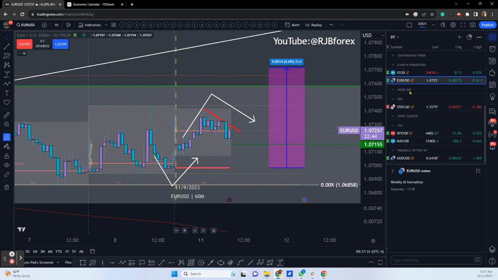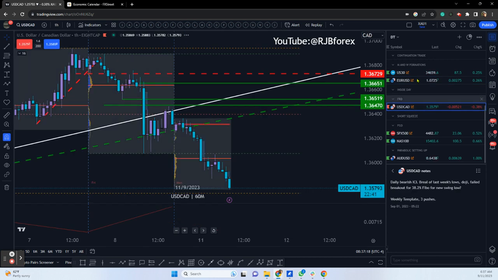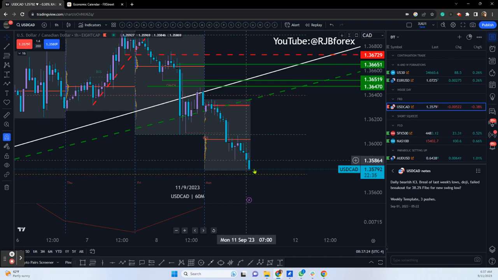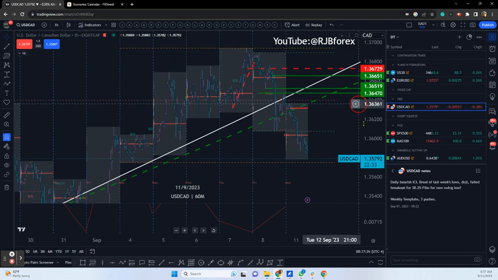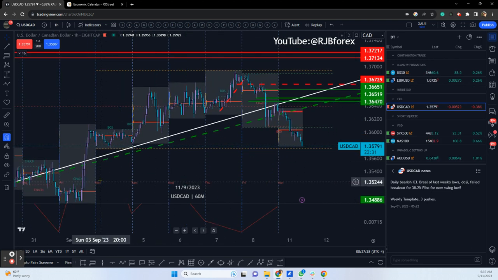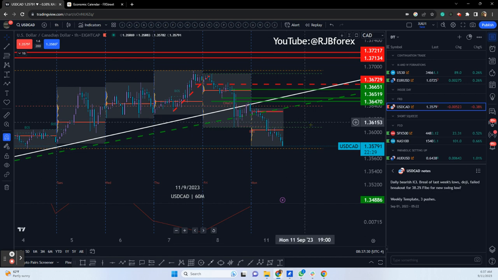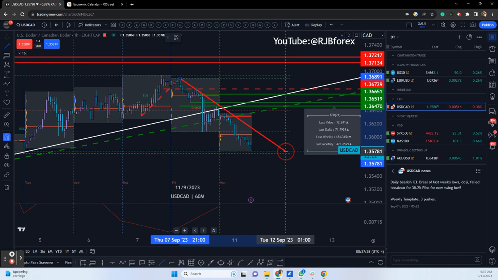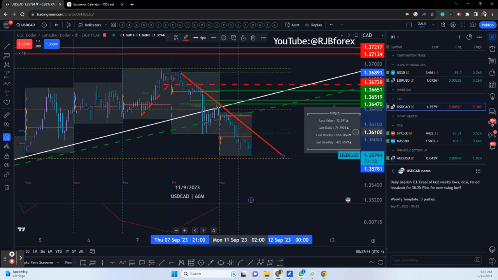Right, so dollar CAD. Dollar CAD dropping in line with the forecast. It's just a shame that we haven't had... You see, all of this was great for London traders, but not so much for us.